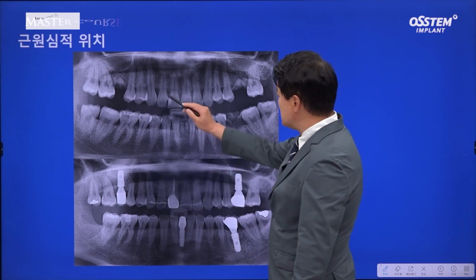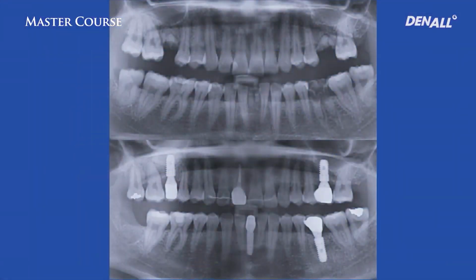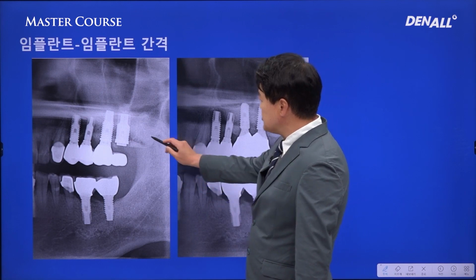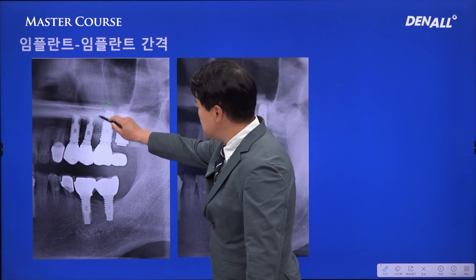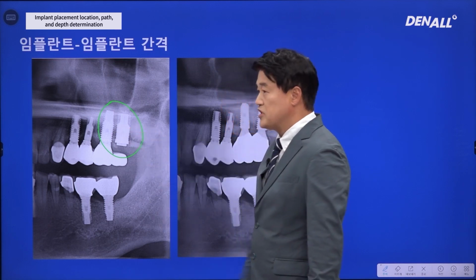Many implants are planned, and after the placement, they are all at the center of the restorations in terms of the mesiodistal location. Here, number 26 and 7 failed, so they were retrieved, and the distance between the two implants was too close.